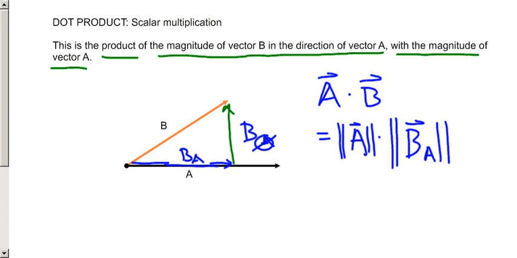Well, you can imagine how to find this, right? So if we think about this angle being theta, B in the direction of A is just the magnitude of B times cosine of theta.